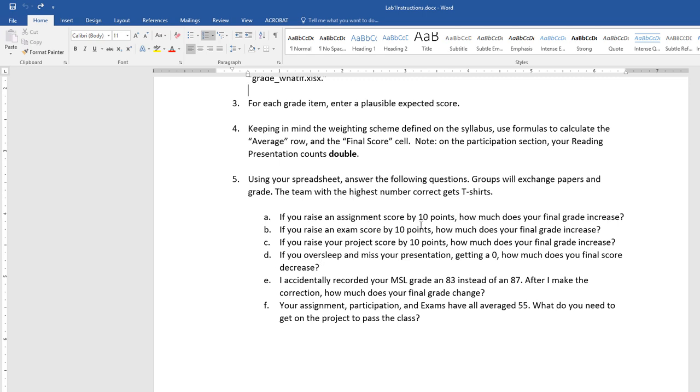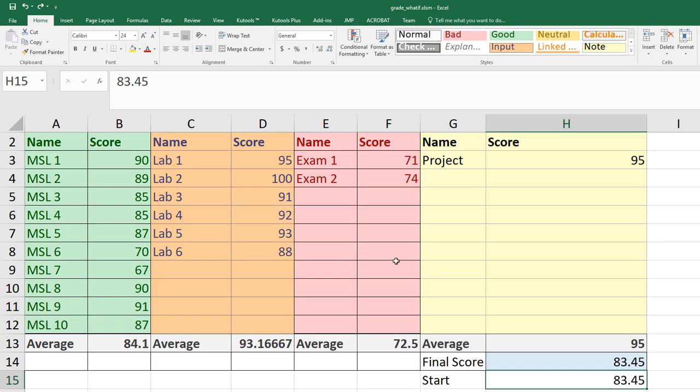If you raise an exam score by 10 points, how much does your final grade increase? Let's take a look at that. Once again, we're starting at 83.45, and let's say that this first exam was in fact an 81. Now that went up not 0.2, but 2 full points.